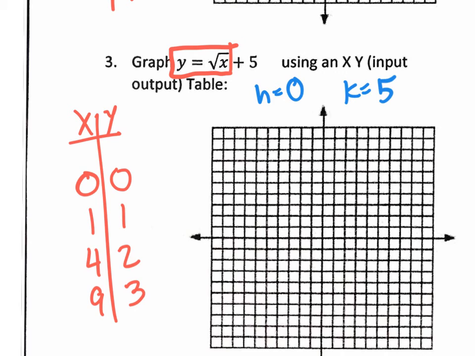So if you wanted your final result coordinates without graphing these original parent graph coordinates, you would shift 5 up, which would mean you would add 5 to all your y values of your coordinates. So your actual ending coordinates would be 0, 5, 1, 6, 4, 7, and 9, 8. Okay? Or you could graph them the way I will right now. 0, 0, 1, 1, 4, 2, 9, 3, and then shift those 5 units up.